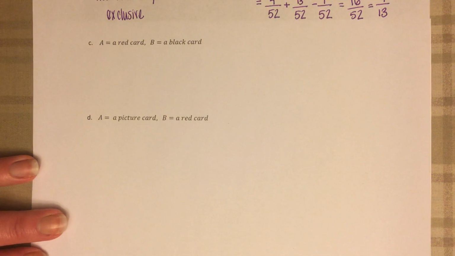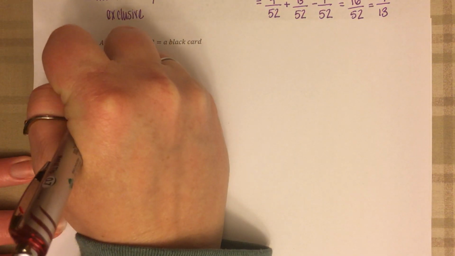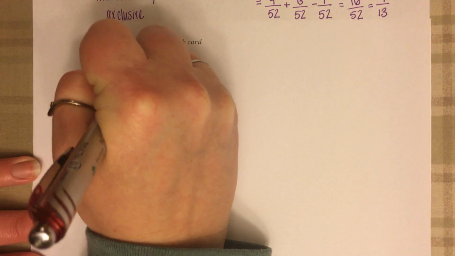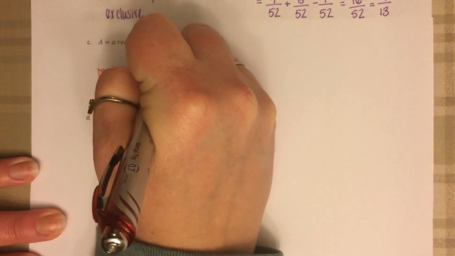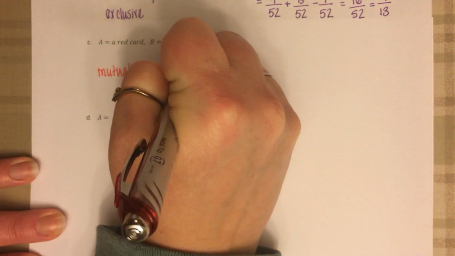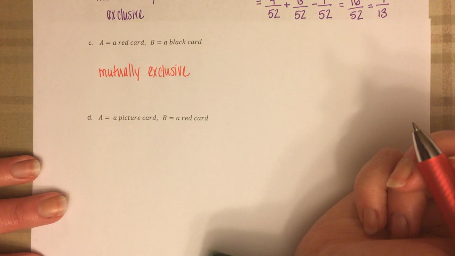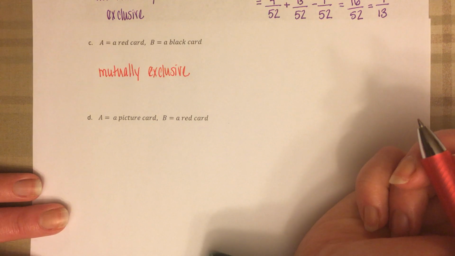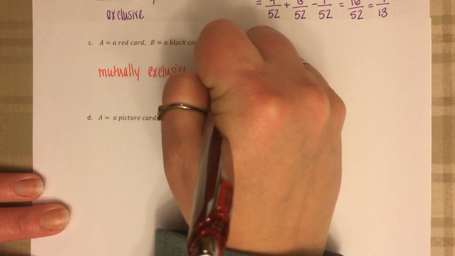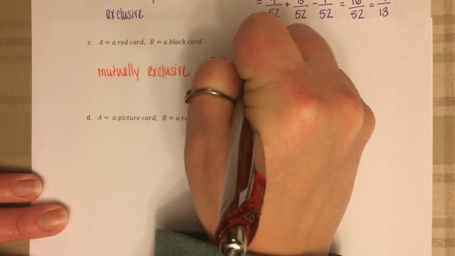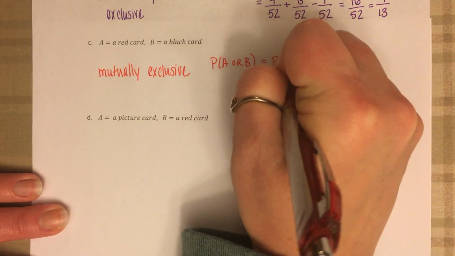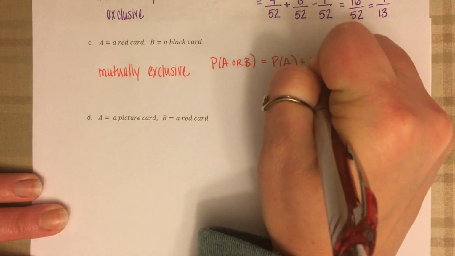So for C, we're asked to find the probability of a red card or a black card. In this case, we know looking at our picture that these are mutually exclusive. It's impossible to be both red and black at the same time. So our probability of A or B is simply going to be the sum of our probabilities.